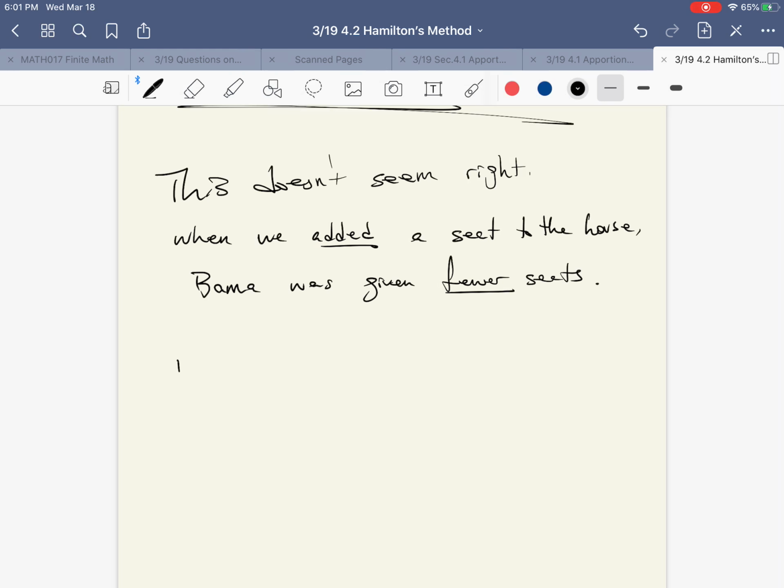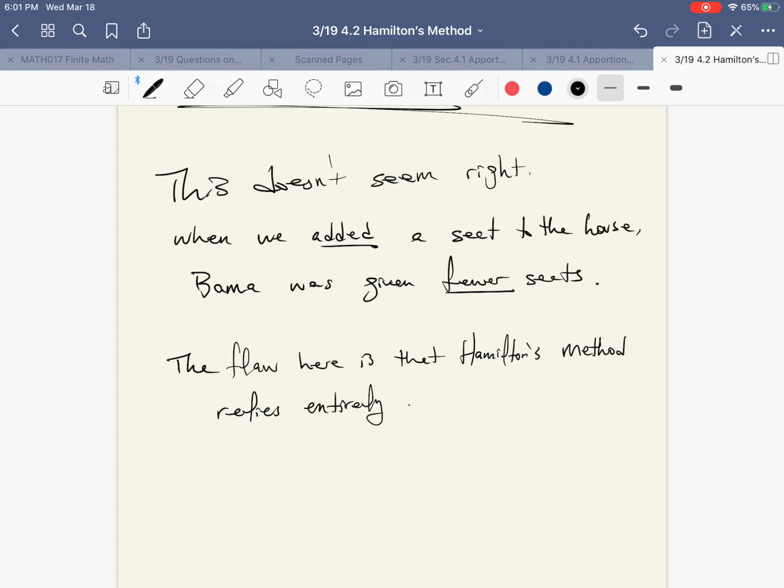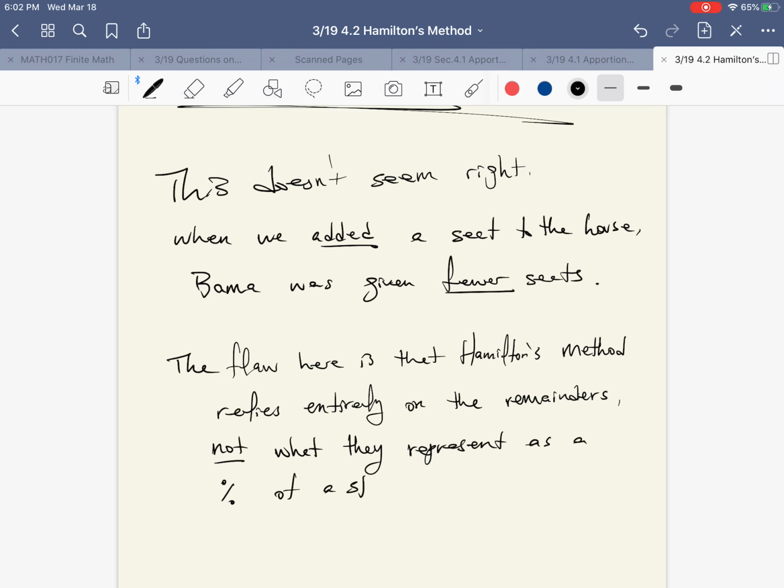So the flaw here is that the Hamilton method relies entirely on the remainders or residues, not what they represent as a percentage of the state's population.